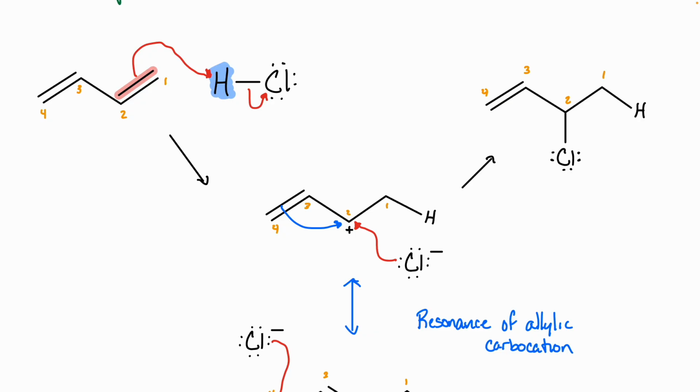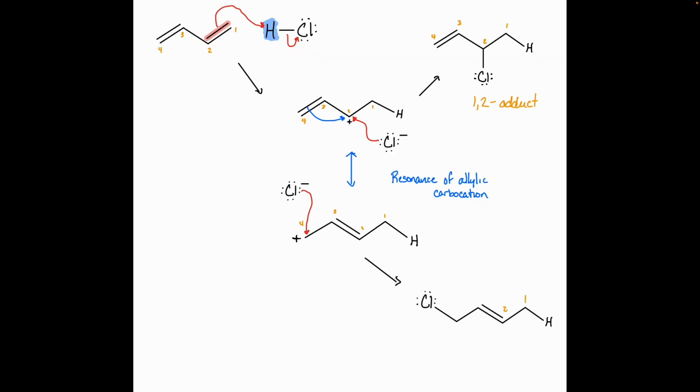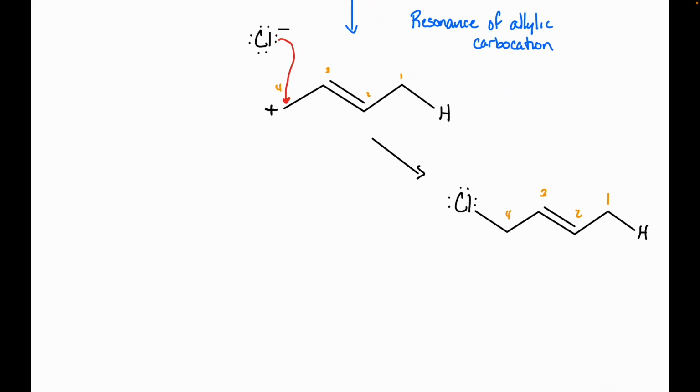We call this first one the 1,2 adduct, because that addition has taken place on carbons 1 and 2. Our other product that forms as a result of resonance is what we would call the 1,4 adduct, because the hydrogen is added on carbon 1, the chlorine added on carbon 4.